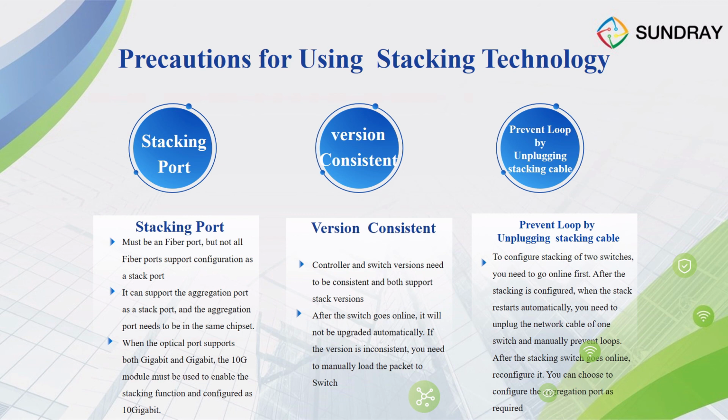And also the last part, prevent loops by unplugging the stacking cables. When we do the configuration of the stacking, we need to make the switch online first. After the stacking is configured and the switches restart automatically, you need to unplug the network cable of one switch to manually prevent loops. After the stacked switch is online, you can connect it back.